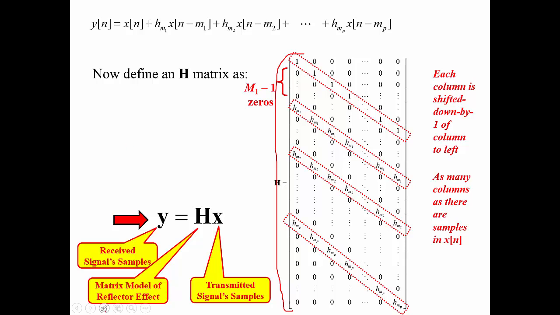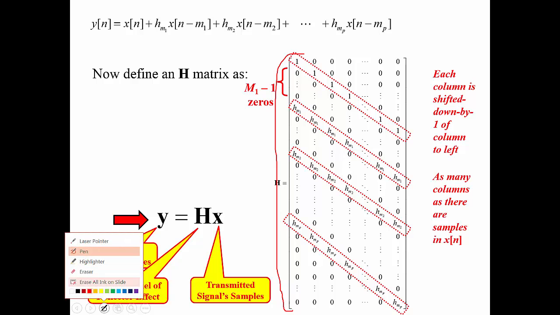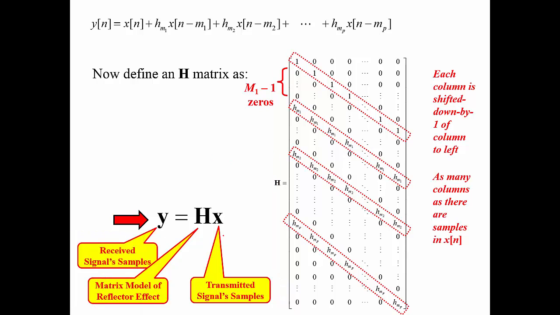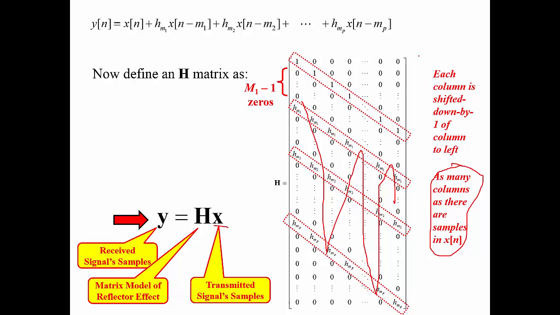Without going into the details, I think you can see that if we imagine taking a vector x that has all of the samples from our received signal, which would be just with the direct path, if we only had the direct path, and so we would have none of these elements down here. If we just multiply our x from the right, the first sample of y would just be the first element of x times 1, and then 0 times all the others.